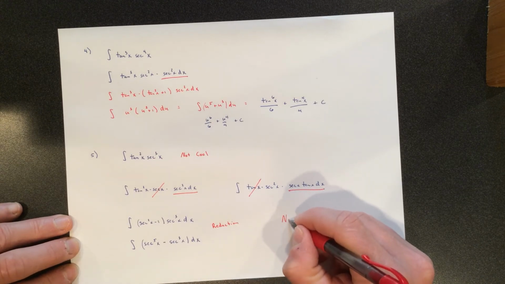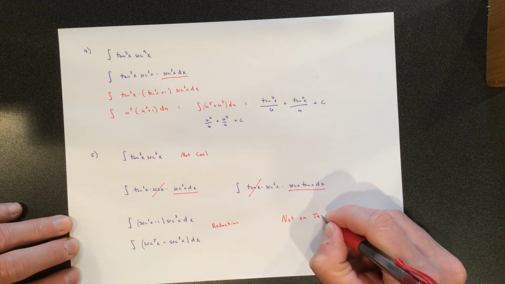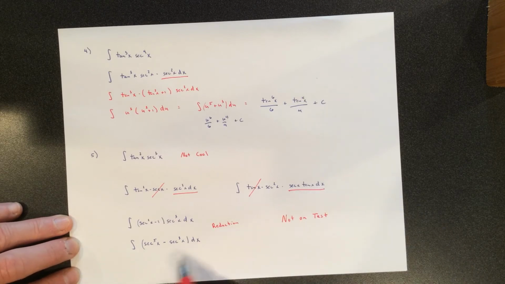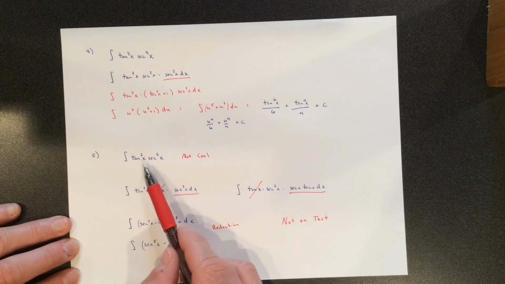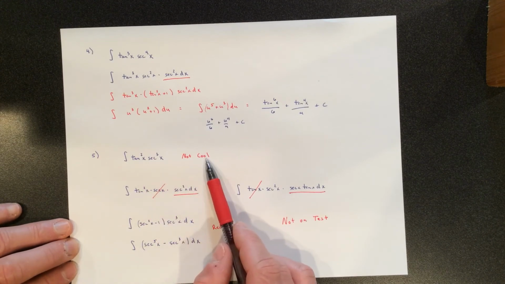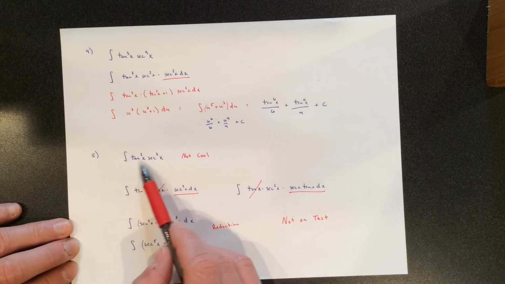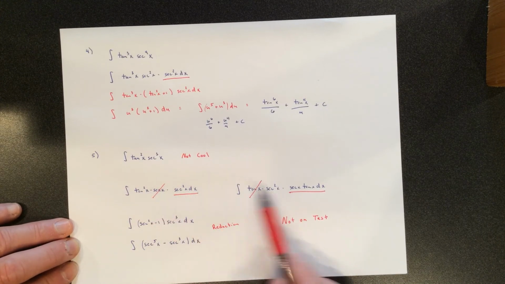Okay? Not on any test I've ever seen. Not on any college test, unless they just gave you the reduction formula on the test. But there's certainly no reason to memorize this. You should know, however, if I give you one of this, why this one is in the not cool category. Again, an even tangent and an odd secant is going to create the scenario in which both of these don't work.